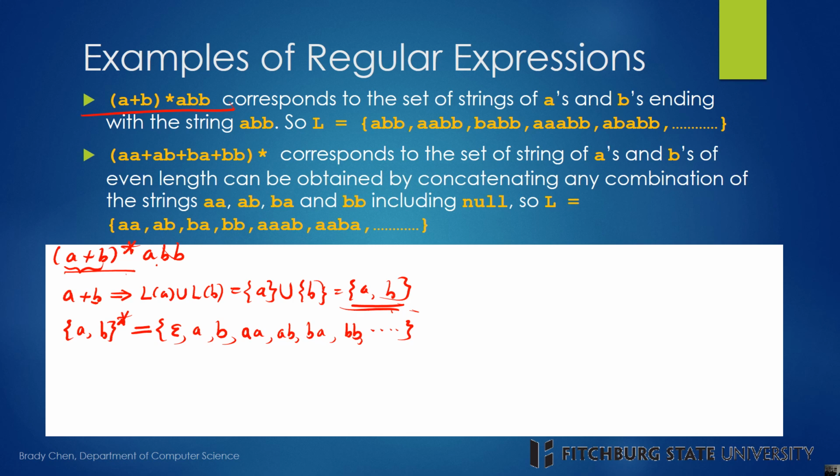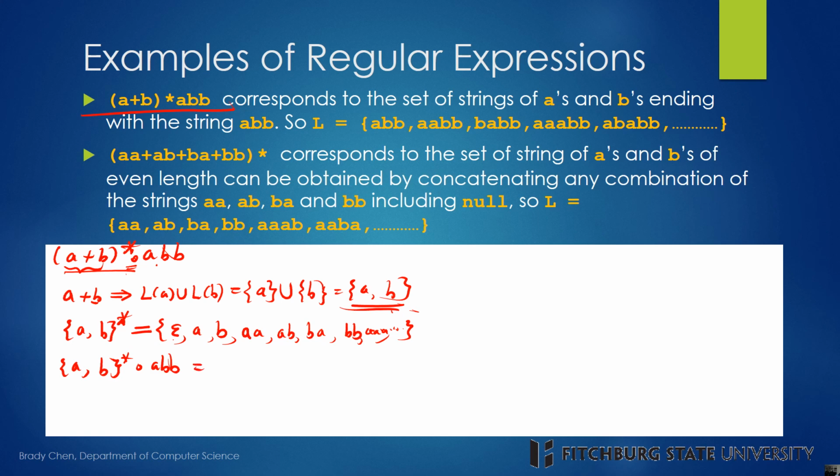And then the next part is a b b, the concatenation here. So we have the language (a plus b) star concatenated with abb.